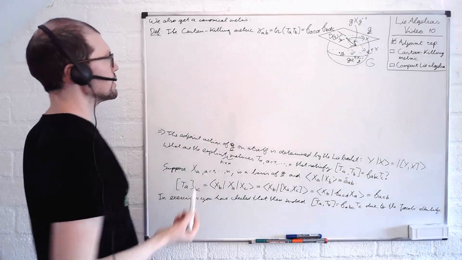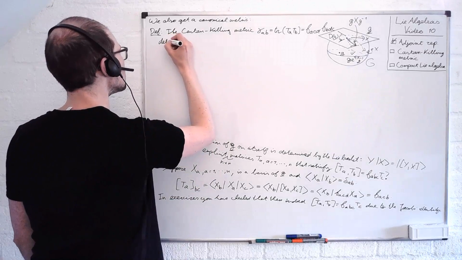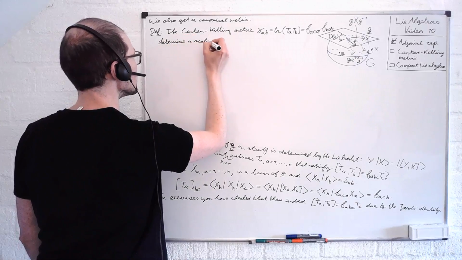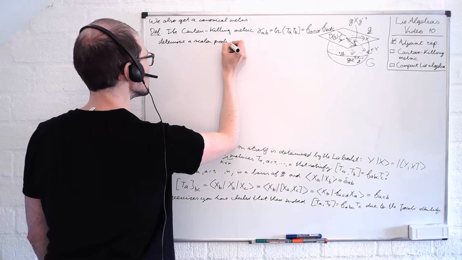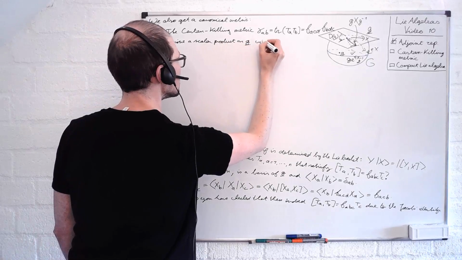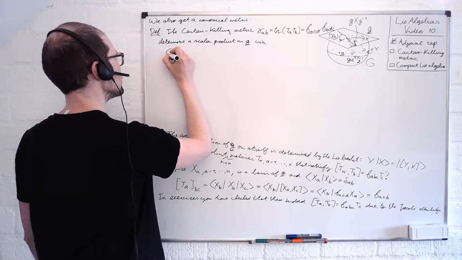So these explicit numbers determine a scalar product or metric on G via the following definition.